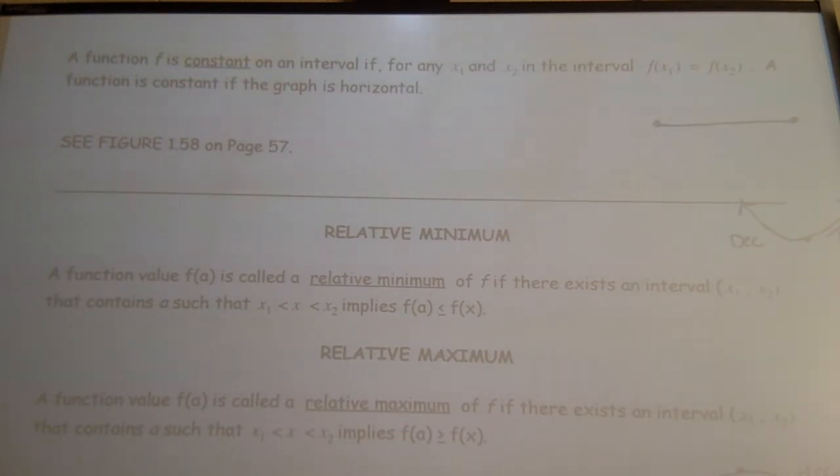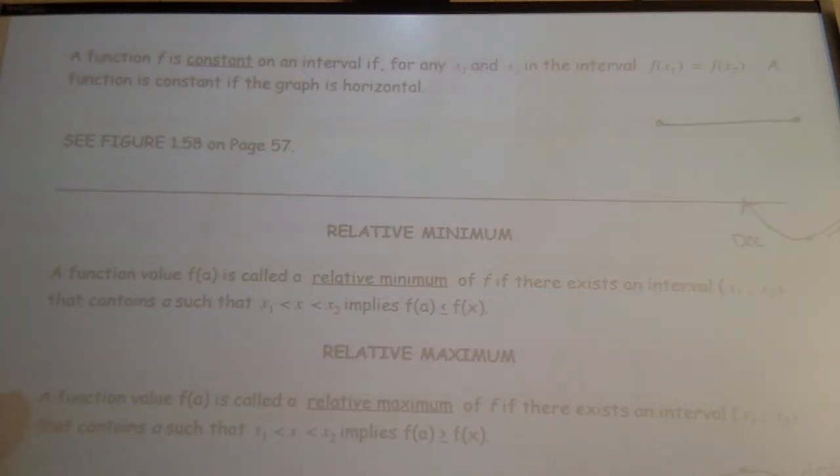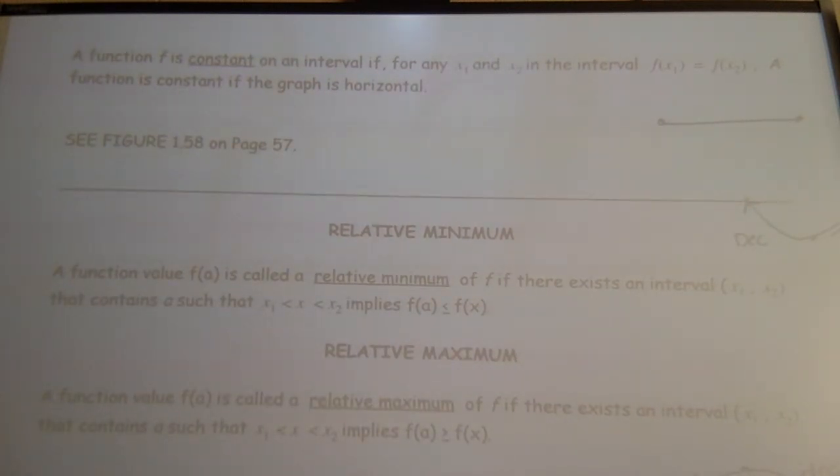So what we're going to do now, for example 4, is we're going to go look at that function we just did. We're going to find the relative minimums and the relative maximums. And then we're going to graph it. Well, what part of this function do we already know? We know the zeros.